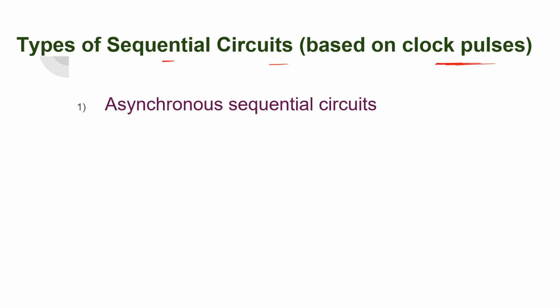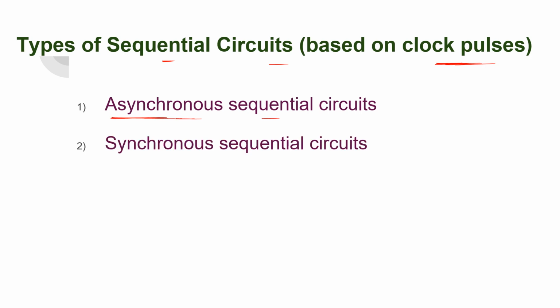The first one is asynchronous sequential circuits, and we will cover what asynchronous sequential circuit means. Next, synchronous sequential circuits. First one asynchronous sequential circuit and second one synchronous sequential circuit. This classification is based on clock pulses.